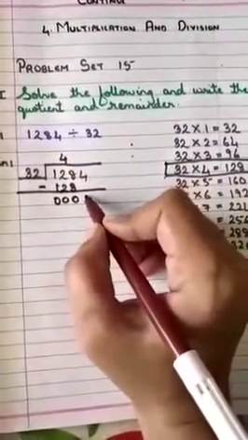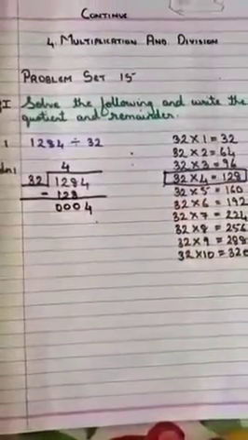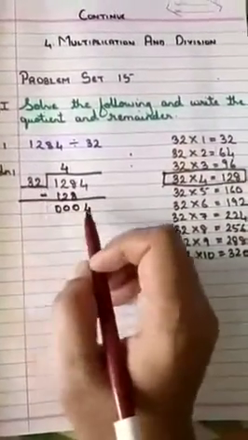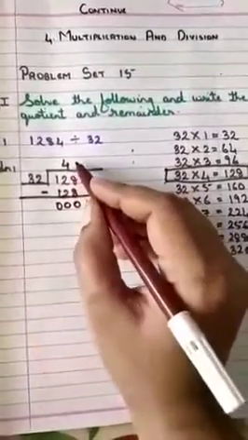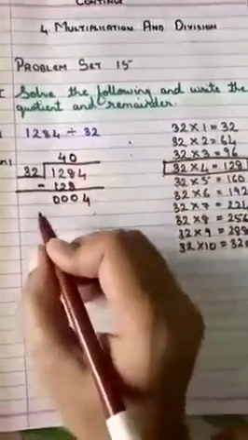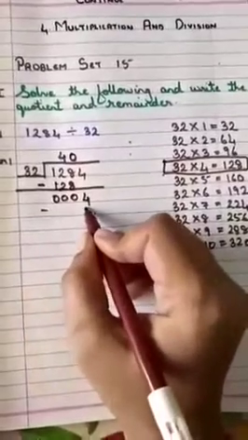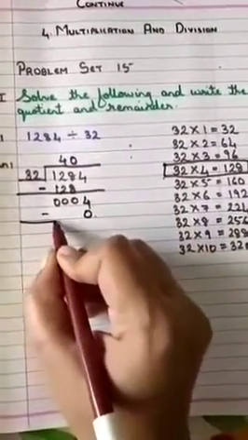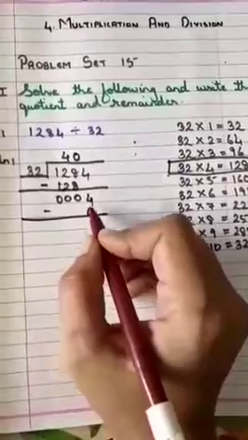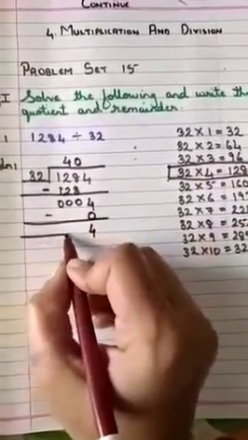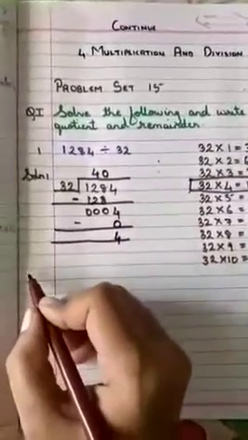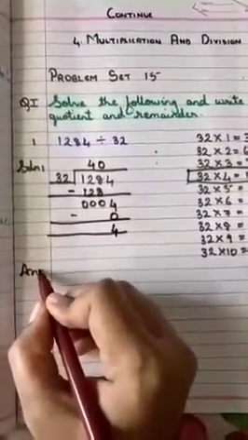Now this 4 will come down. Understood? 32 and 4 is a very small number, so we will divide it by 0, and the answer here is 4. Got it?